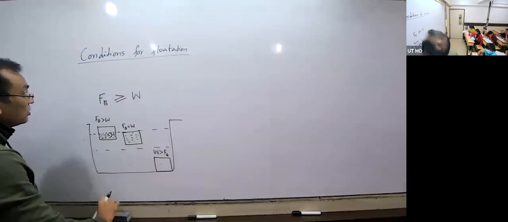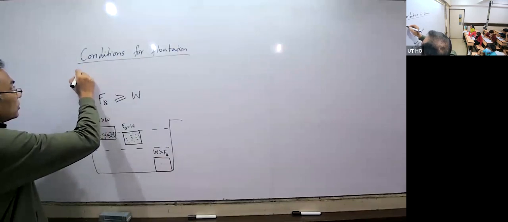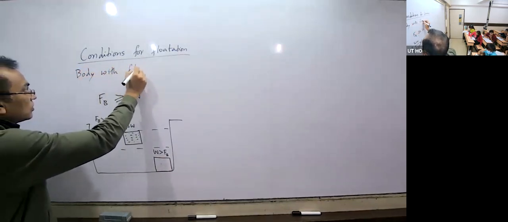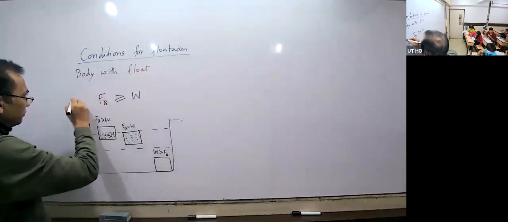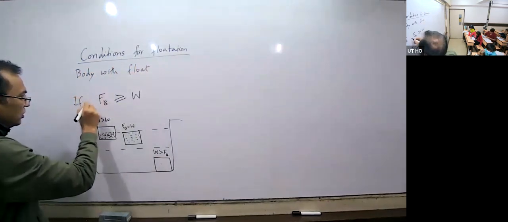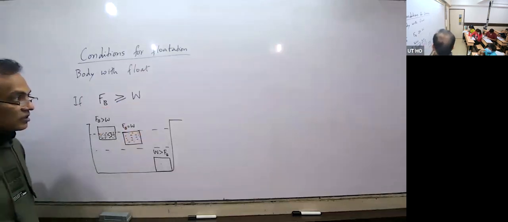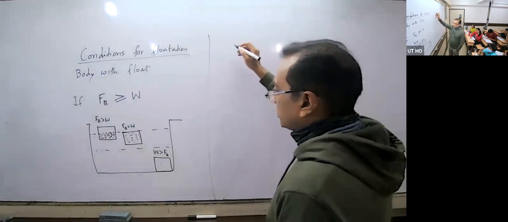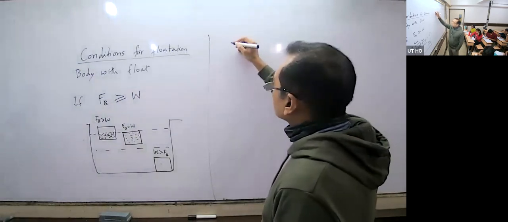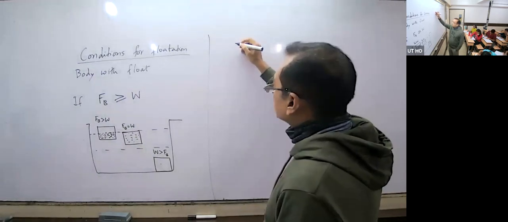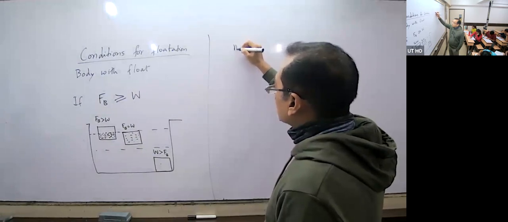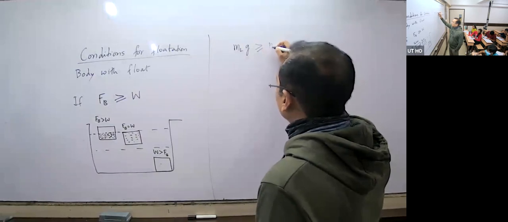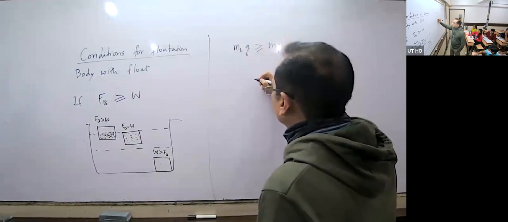So the body will float if FB is greater than or equal to W. Taking this condition further, what was FB? Mass of liquid into gravity, greater than or equal to mass of body into gravity.